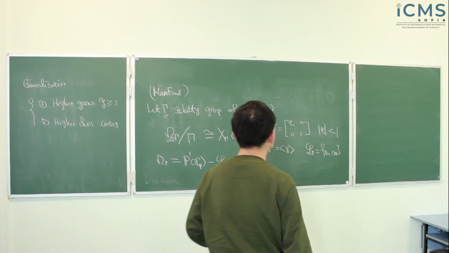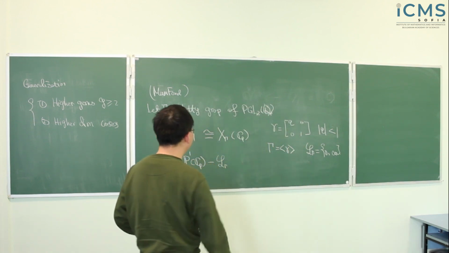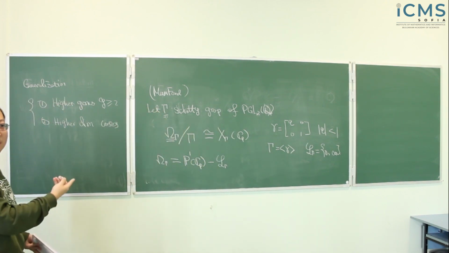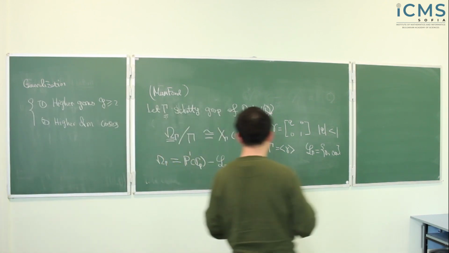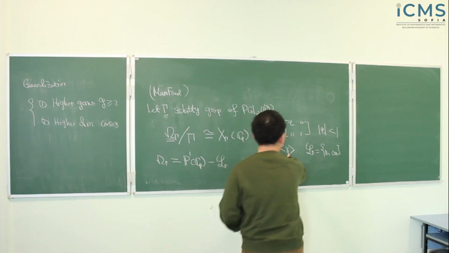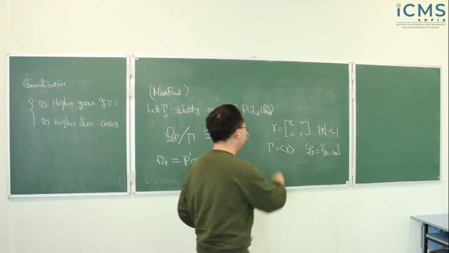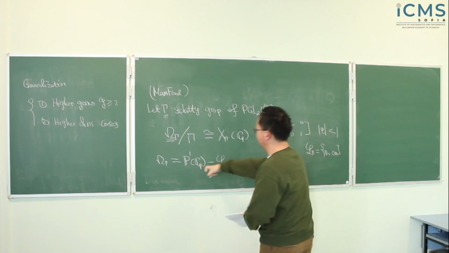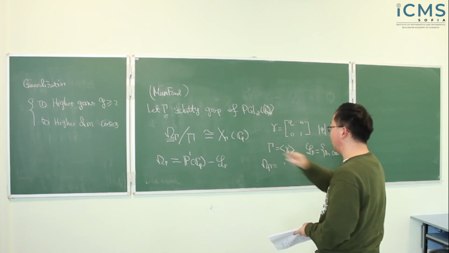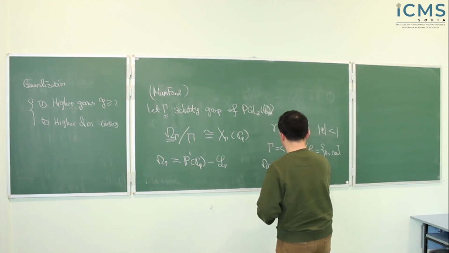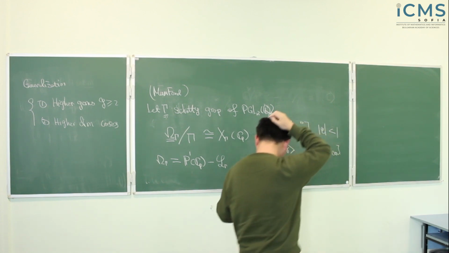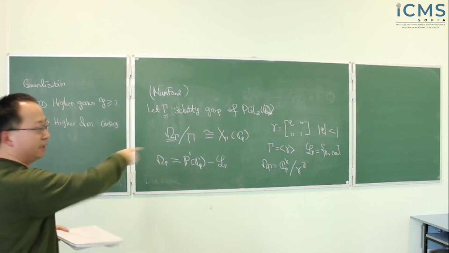So in this case, if you take the CP points of P1 minus 0 and infinity, then you will get the units of CP, and gamma itself is q to the Z. So in this case, Omega_gamma is just P1(CP) minus the limit points, that is, the CP units, modulo gamma. So this is just a Tate curve.